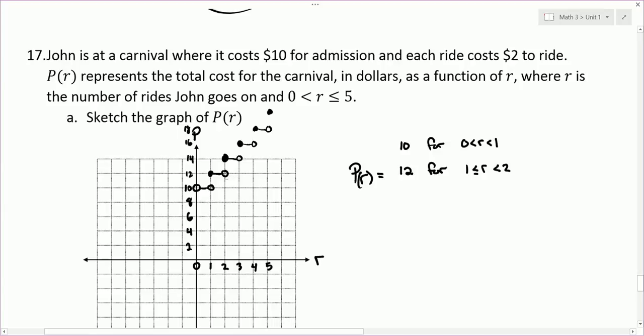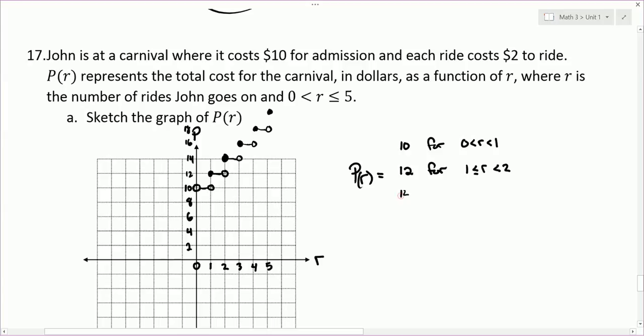In this situation, our domain really is not continuous. It's jumping from 1 to 2 to 3 to 4 to 5. It's more discrete. We're graphing it as if it's continuous. So it's not a good problem in that sense, but bear with me. In terms of graphing or representing what's graphed there, that's the equation.